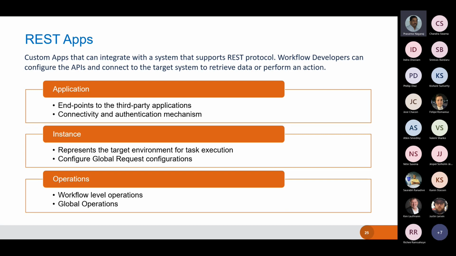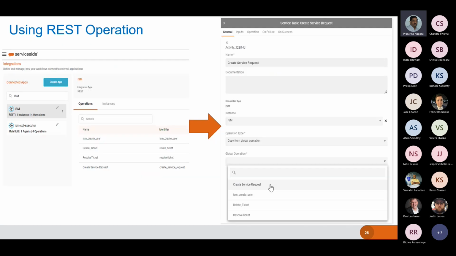When we pull that app into the canvas for building the workflow, you have the ability to copy the global operations and create your own operation, or you can even start a new operation. You can build them on the fly while configuring the workflow itself. So both types of operations are possible in the REST app.